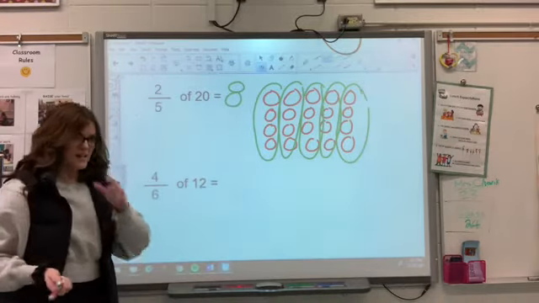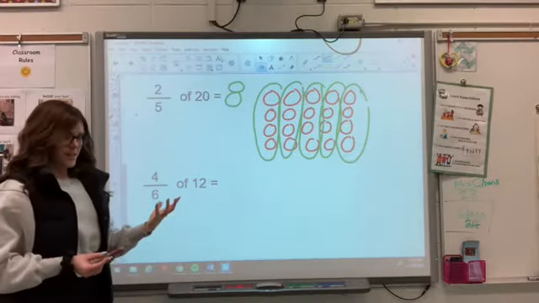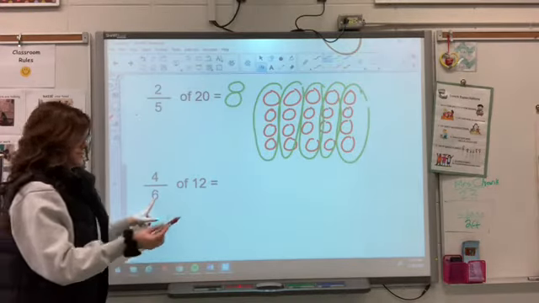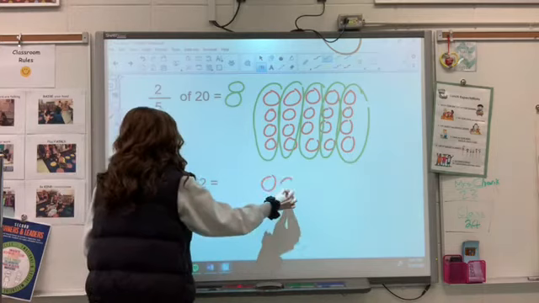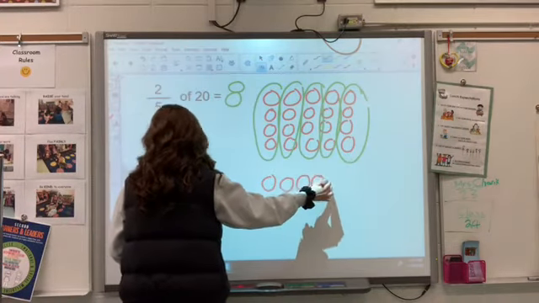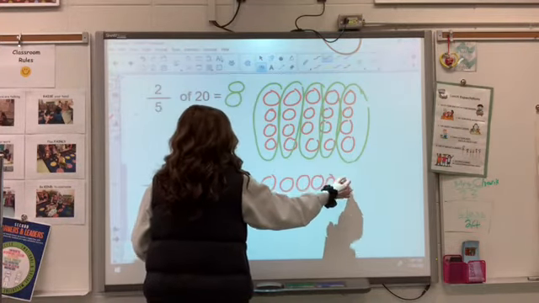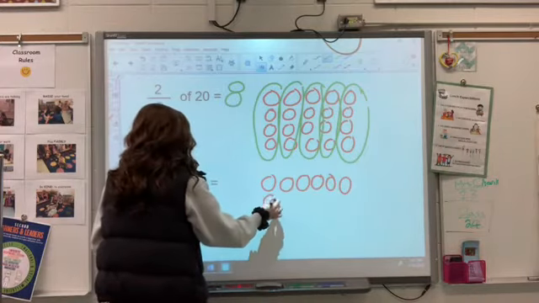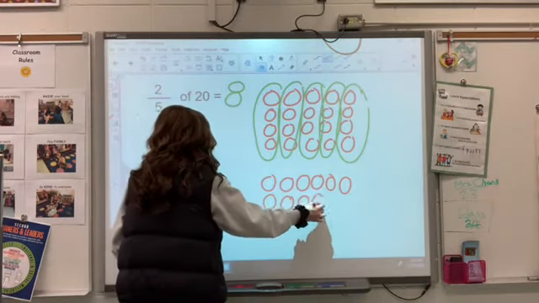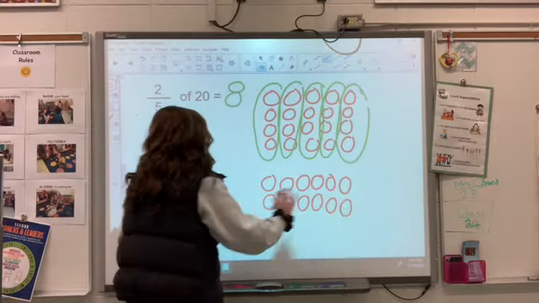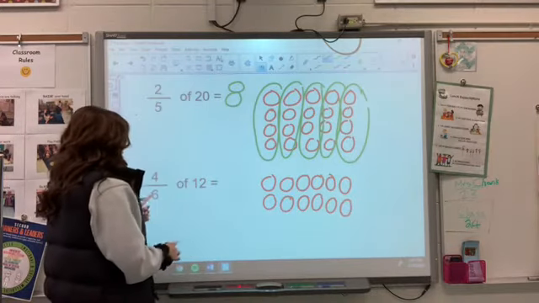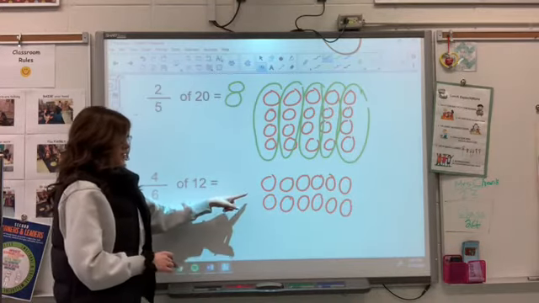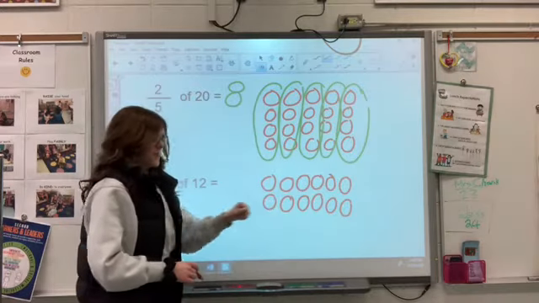So now that you've tried it, yours should look like this. You're going to make rows of 6. 1, 2, 3, 4, 5, 6, 7, 8, 9, 10, 11, 12. I'm going to stop, okay? And I know 2 times 6 is 12, so I should have 2 rows going this way.